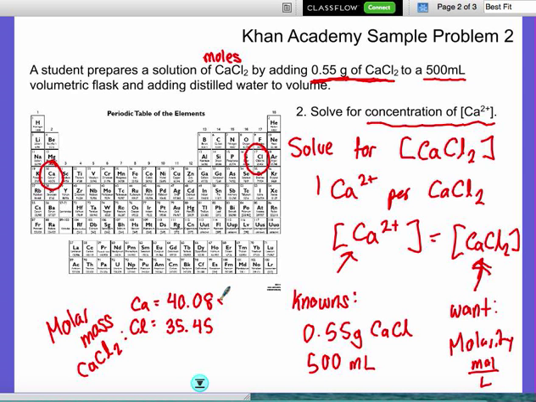We only have one calcium, but we have two chlorines, so we multiply them out. 35.45 times 2 comes out to 70.90. Add them up, and we get 110.98 grams per mole.